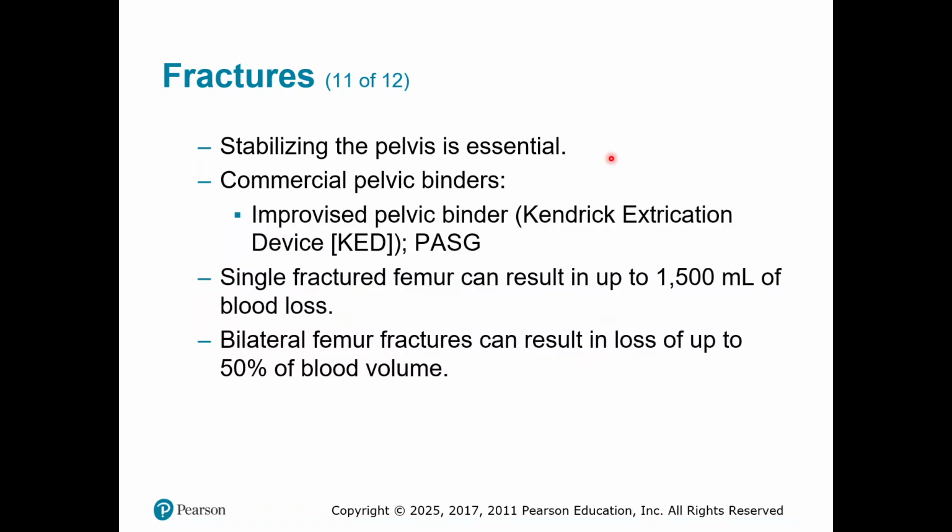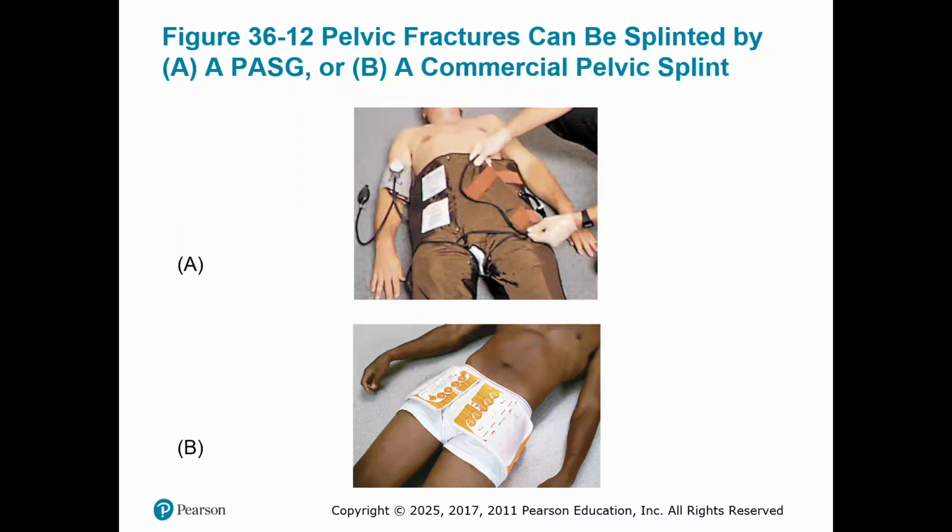So we want you to stabilize it the best you can. In today's setting, we would ask you to get a sheet and tie the sheet to bind the pelvis that way. That was a pelvic binder, by the way, that I just showed here. It's called a pelvic binder.